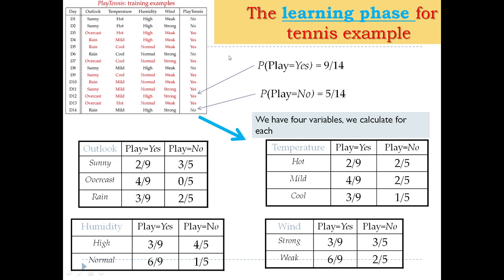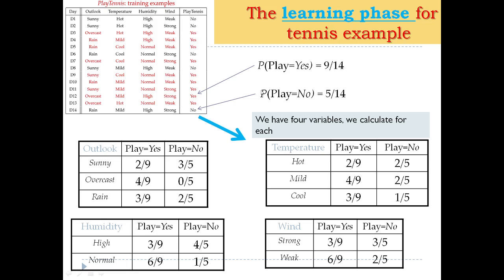In the learning phase, we first have to calculate the probability of playing tennis, which means the number of instances belonging to class yes. Out of 14 training examples, there are 9 which belong to class yes, so 9 by 14.